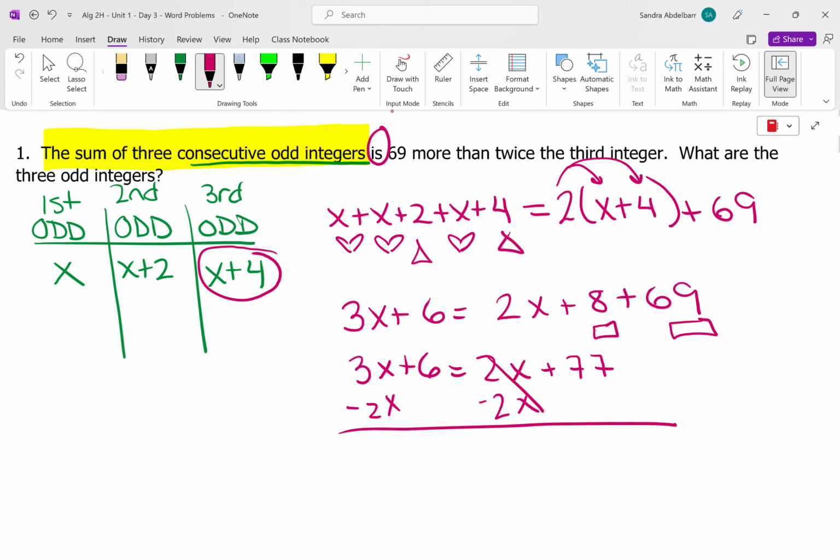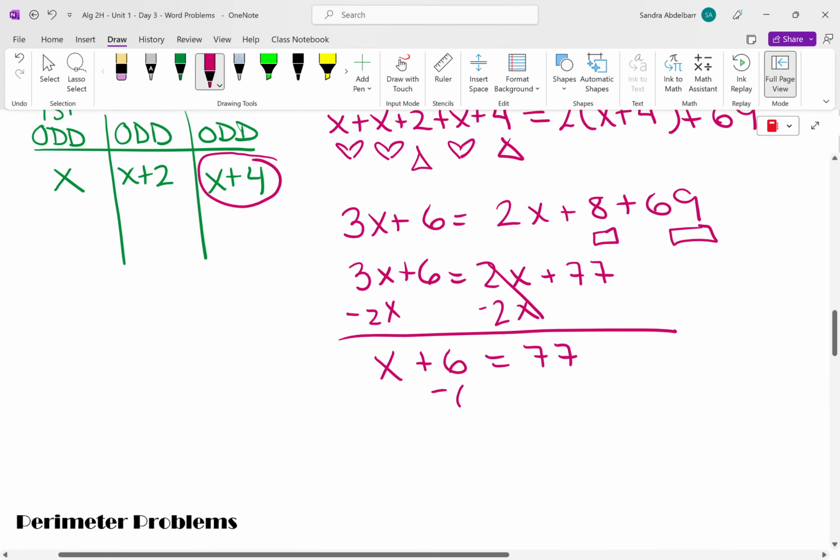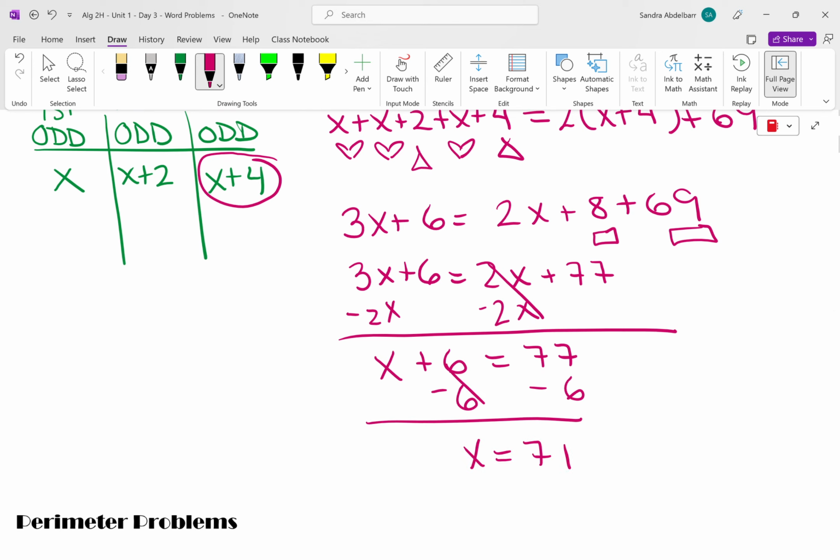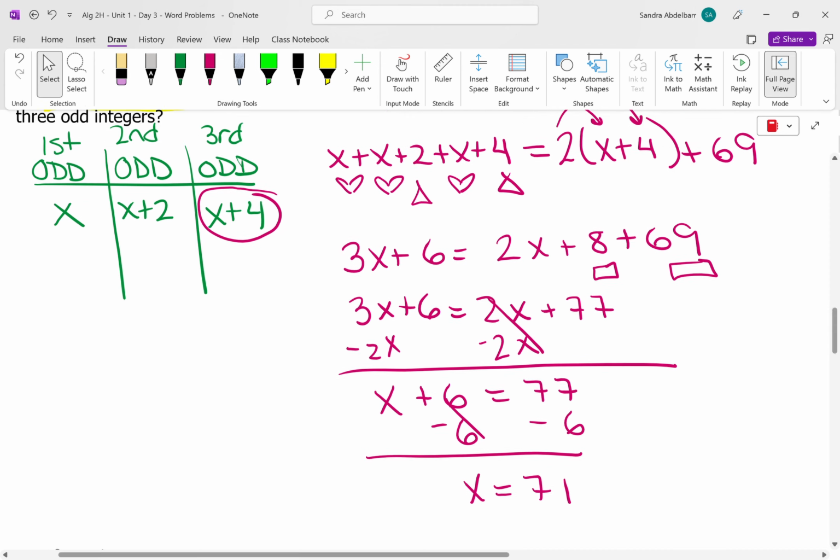We're going to subtract that 2x on both sides. So we're going to have x plus 6 equals 77. I'm going to now subtract the 6, and we will have x is equal to 71.